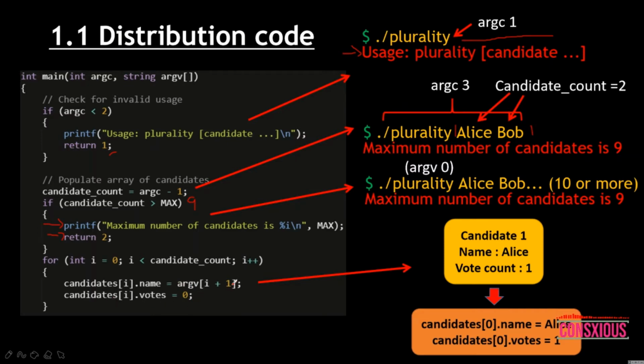Why do we put argv[i + 1]? Because argv[0] represents ./priority, it's not the candidate name. So we just plus 1 here, so it will represent Alice, then Bob, and so on. This is why we have to do i + 1 here.